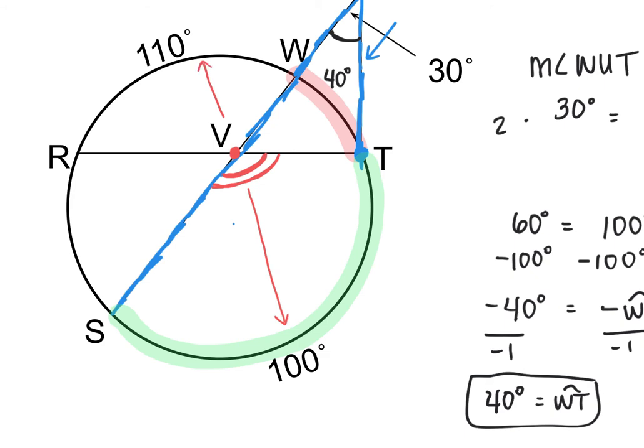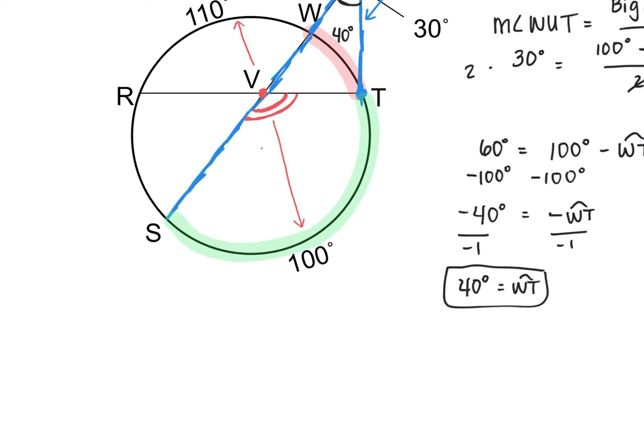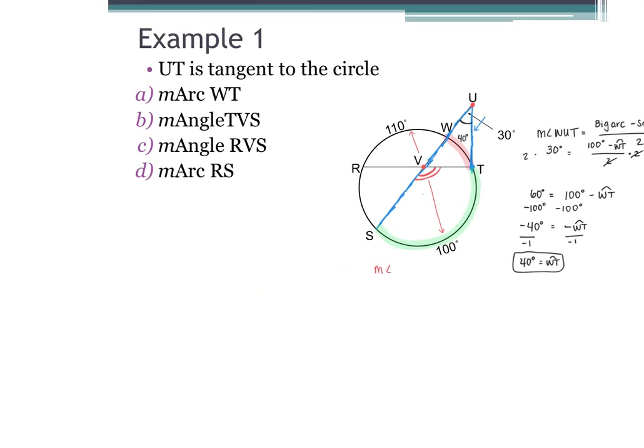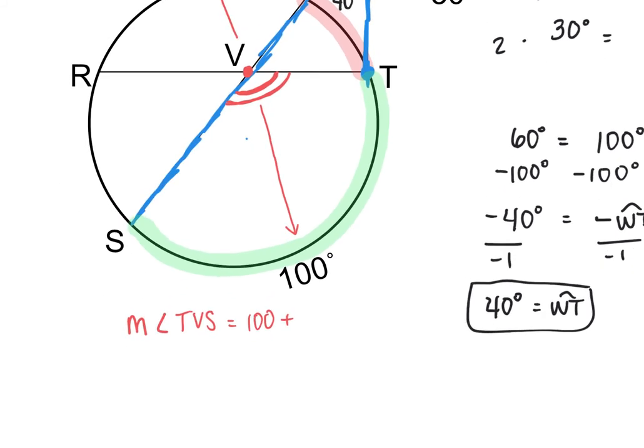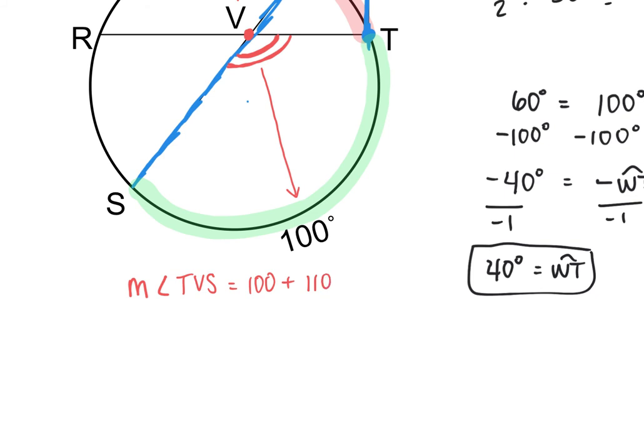So we're looking at 100 degrees and 110. The measure of angle TVS equals 100 plus 110 divided by 2. Remember, when you're inside the circle, you want to add the two arcs and then divide by 2.